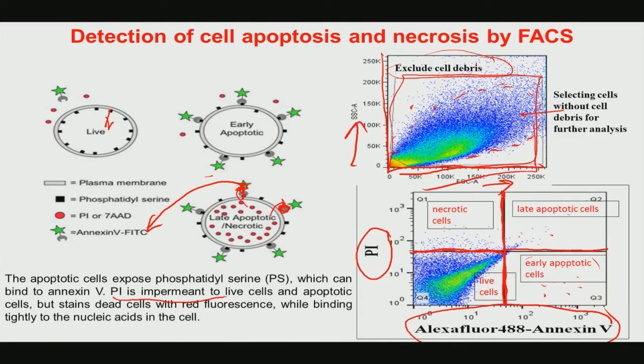So, propidium iodide is similarly impermeant to live cells and apoptotic cells, but stains dead cells with red fluorescence. So, therefore, higher propidium iodide expression will also tell you that this number of cells are dead cells.